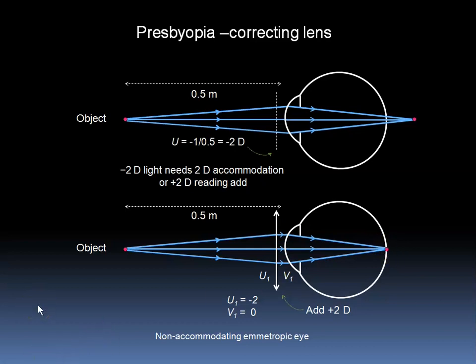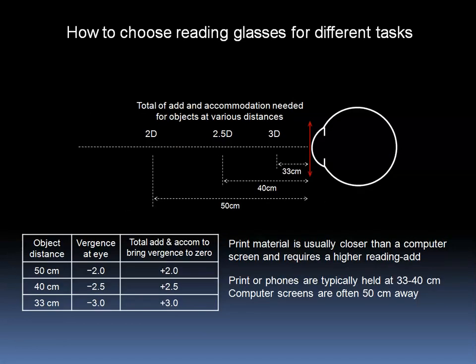It is assumed that this person is otherwise emmetropic and able to see in the distance without glasses. The divergence of light from near objects varies with the distance of the object from the eye. At 50 centimeters away, the light will have -2 vergence at the eye.